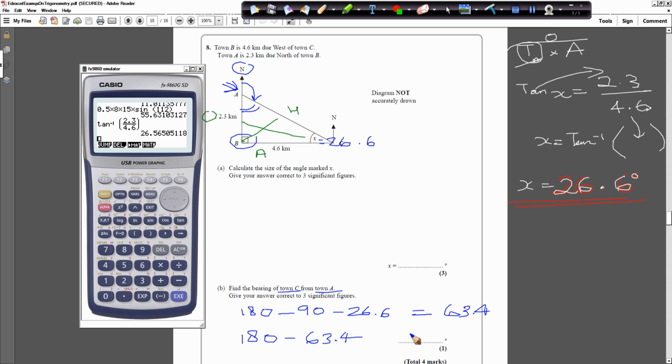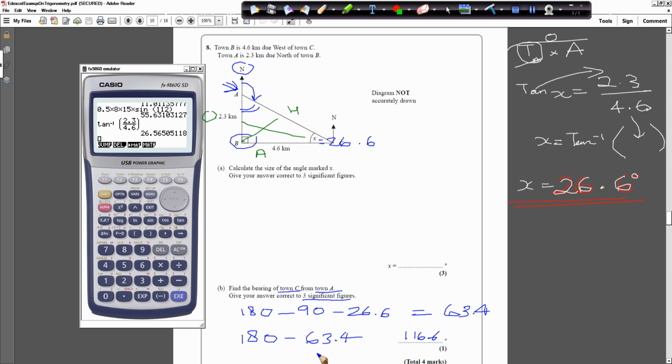The answer here will be 116.6, and it says here give your answer to 3 significant figures, and that actual answer has 4 significant figures. So there's a mistake there in the way that the answer is given.